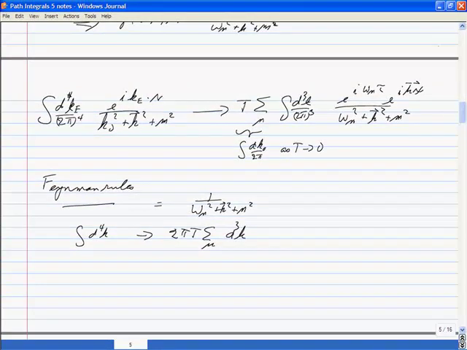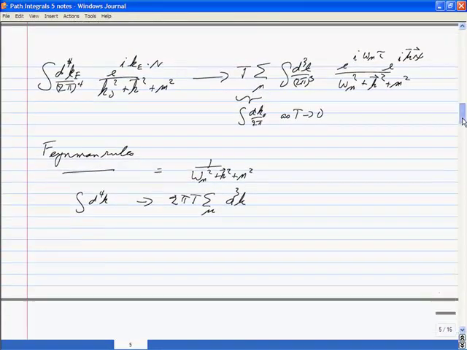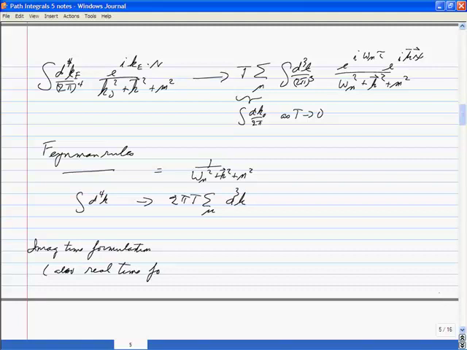Okay, so this is what's called the imaginary time formulation. It's the most common one. There's also a real-time formulation, but I'm not going to do that.